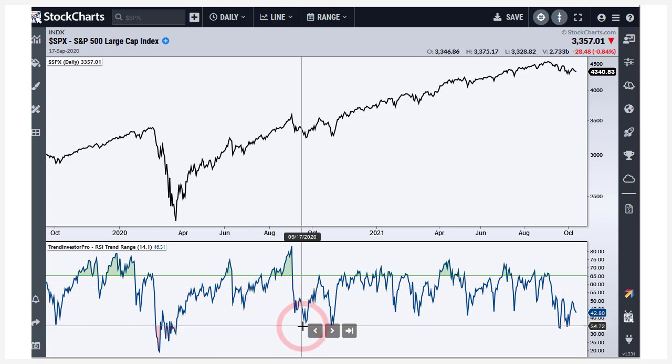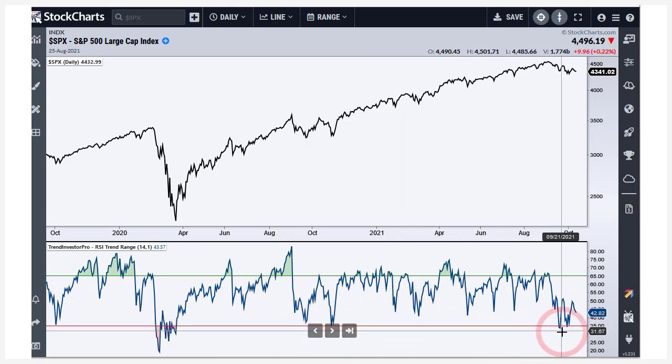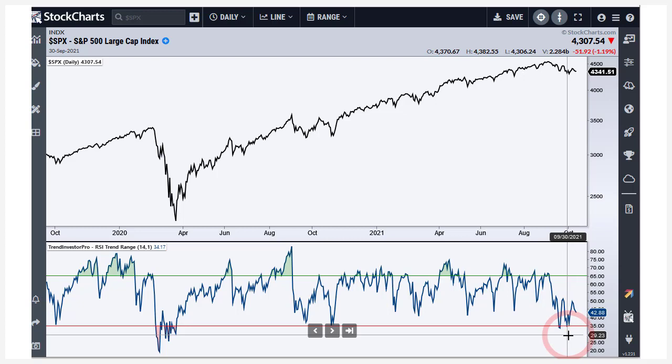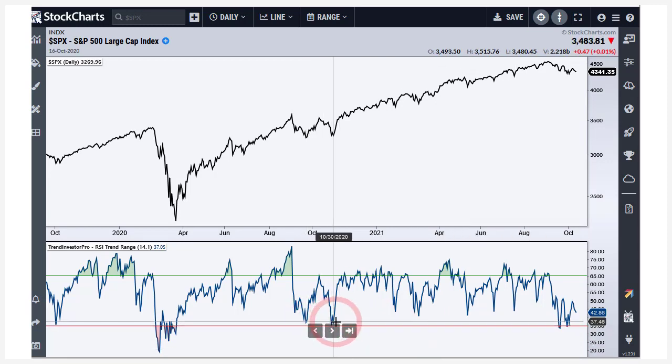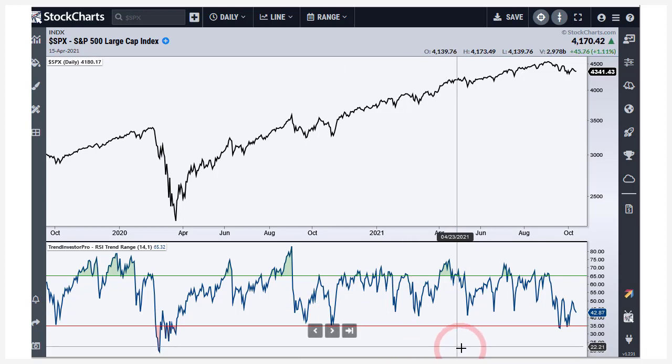And we haven't dipped below 35 during this entire advance until September 21st. So we got a dip below 35, and we got one here on September 30th. So 2 dips below 35. That shows some pretty strong downside momentum, and that is the most downside momentum we've seen since the advance began.